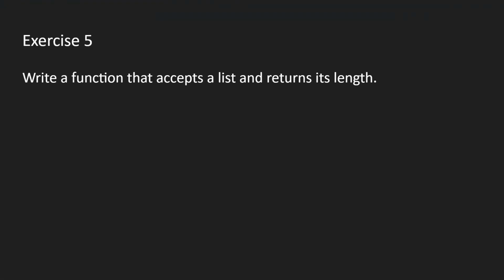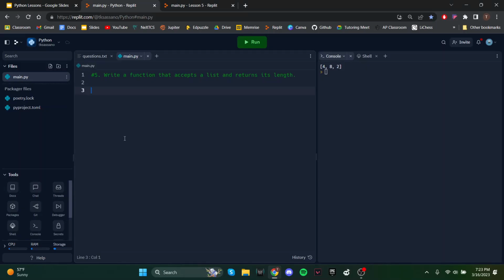Write a function that accepts a list and returns its length. So we're basically creating our own length function. I'll just call it length, and it'll accept a list again. And we can just make a variable for the amount. So we'll just set it to 0, and then loop through the list for item in list.